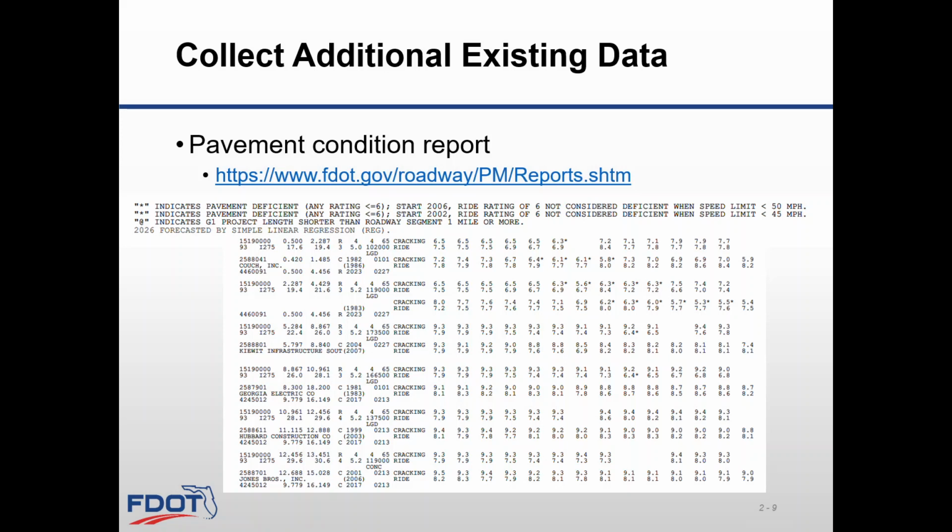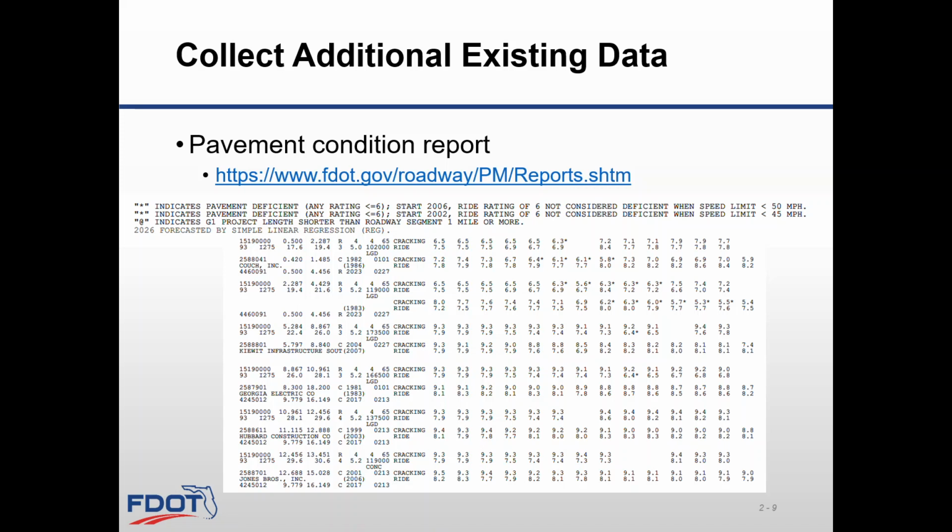Pavement condition reports can be downloaded from the link provided in this slide. Each section of pavement is rated for cracking and ride on a scale of 0 to 10, with 0 being the worst and 10 the best. Any crack rating of 6.4 or less is considered deficient pavement and is marked by an asterisk.